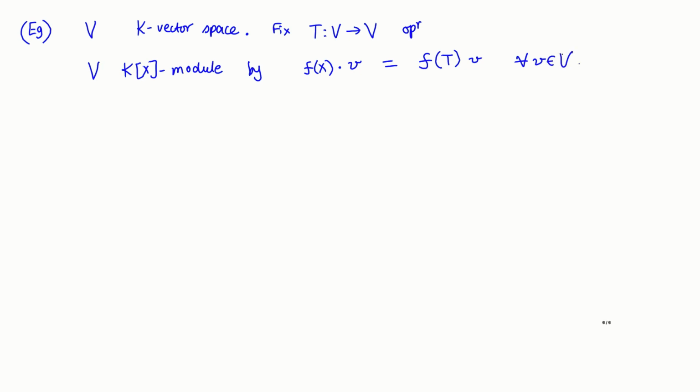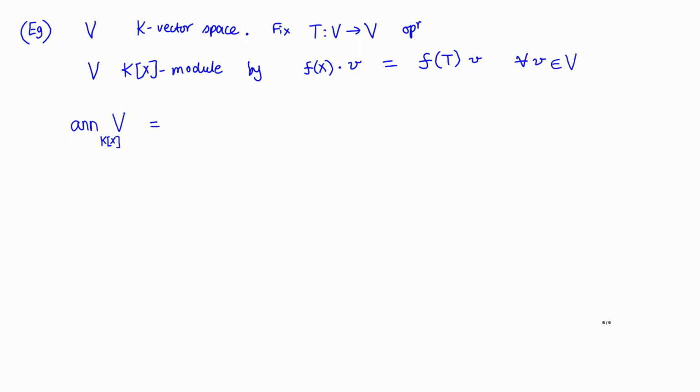So I've made V into a k[x] module, and now the question is the whole business of annihilators and so on. So let's just compute the annihilator of this module. So what is the annihilator of this module V thought of as a k[x] module? I'm doing everything over k[x].